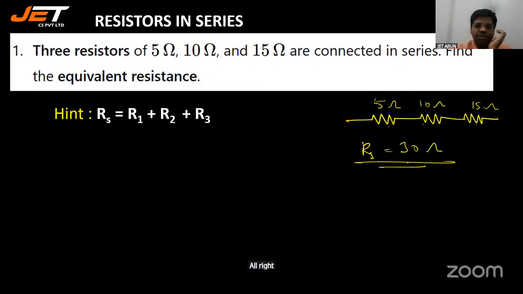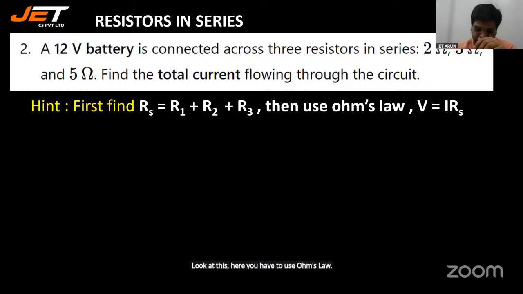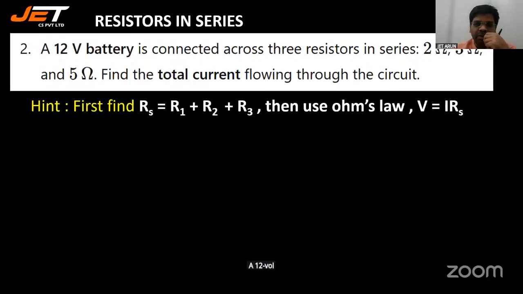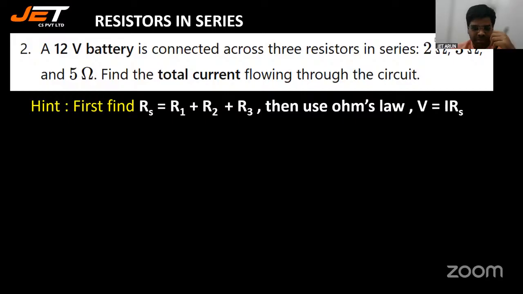All right. Now let's go for the next question. Here you'll have to use Ohm's law. A 12-volt battery is connected across three resistors in series: 2 ohm, 3 ohm, and 5 ohm.